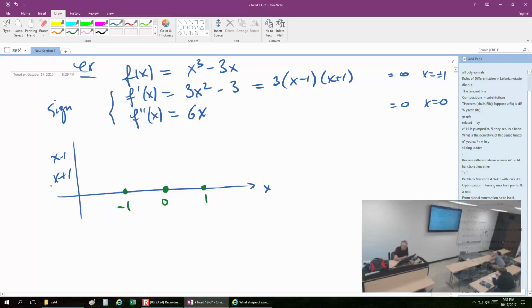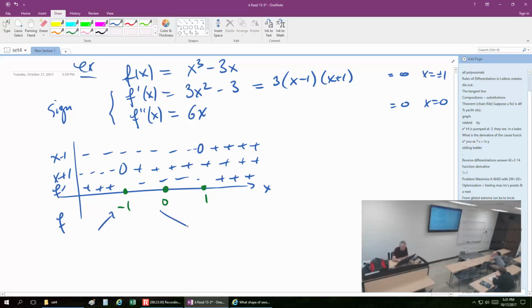Okay, so x minus 1, it remains negative up to 1, becomes 0, then becomes positive. Right, this one is still negative up to -1, becomes 0, becomes positive. Okay, so then the whole thing then becomes the derivative, that is. It becomes positive, negative, and positive again. Okay, so which means that my function behaves this way.